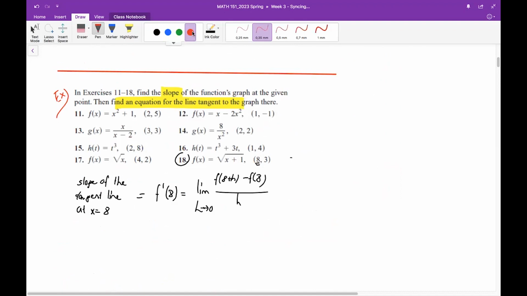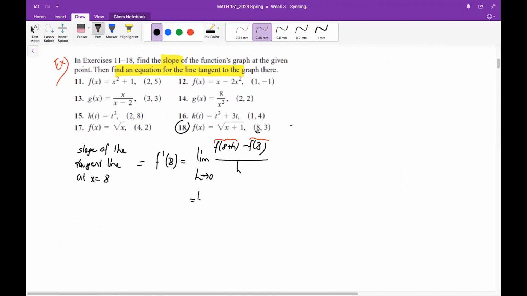Okay, now let's use this definition of the function. This and this will be evaluated according to this definition. Let's do that. Limit as h goes to 0, square root of x plus 1, I should write, right? Instead of x, I write 8 plus h, and instead of x here, I will write 8, like this.